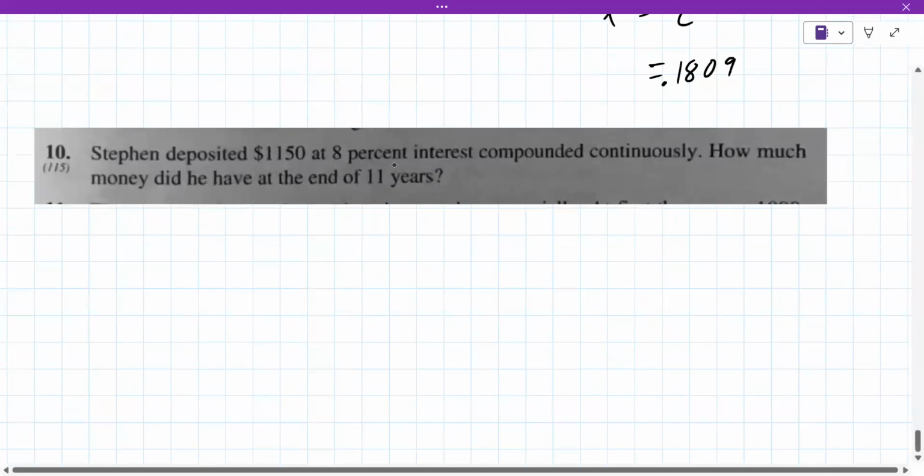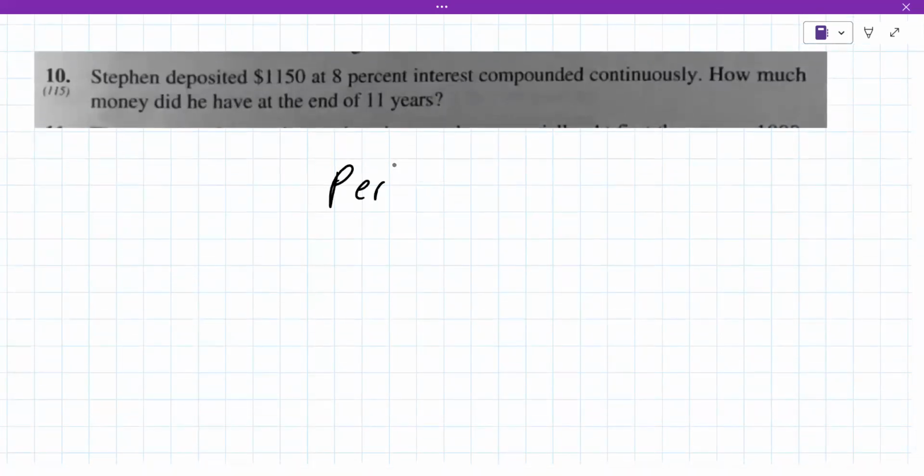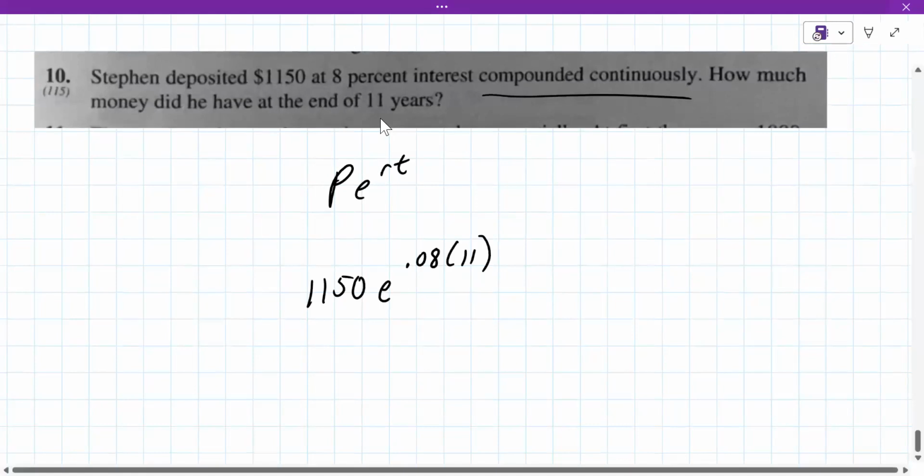So last problem, 9. Last problem here. So this is a PERT problem, P E to the R T. So Stephen deposited $1,150 at 8% compounded continuously, which never happens in real life, but that is a math problem. It's like the 5,000 bananas you buy at the grocery store. How much did he have at the end of 11 years?